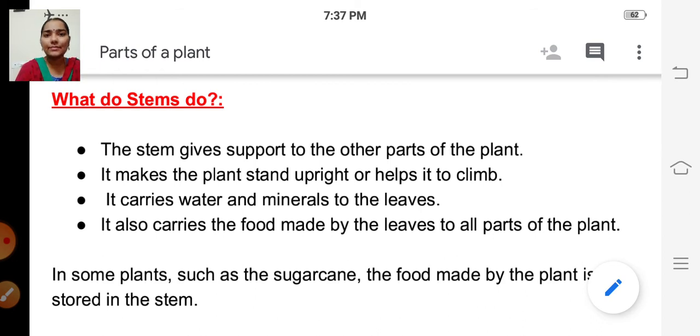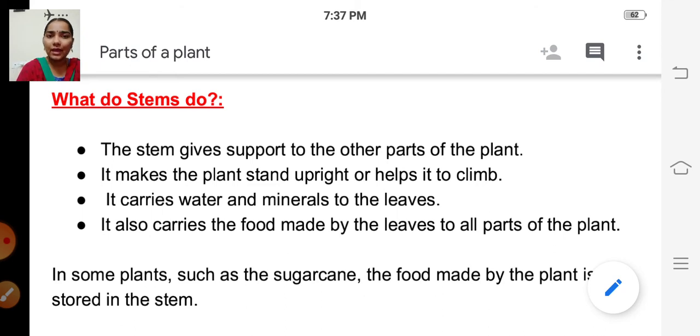What do stems do? The stem gives support to the other parts of the plant. It makes the plant stand upright or helps it to climb. It carries water and minerals to the leaves.